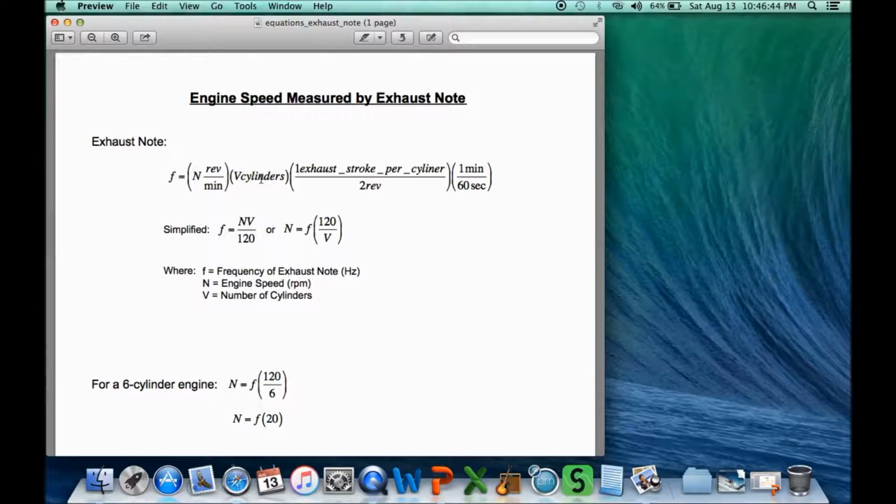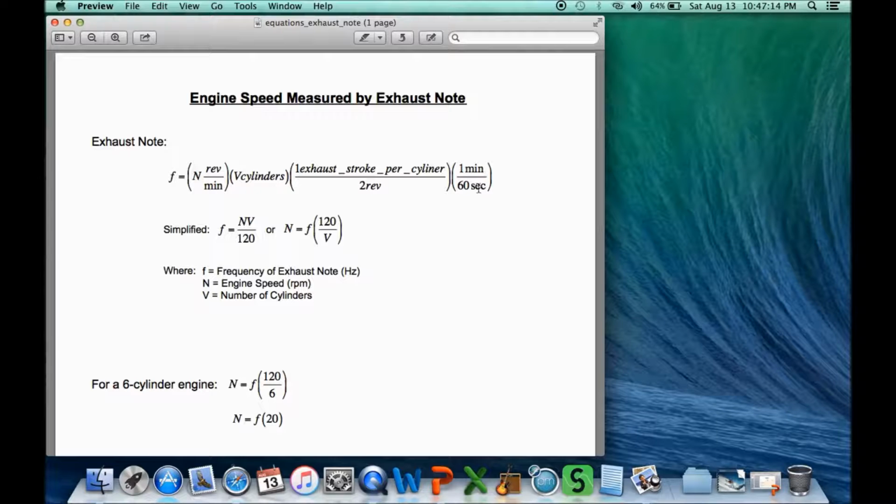Now for a typical 4-cycle engine, we have to remember that the exhaust valve does not open once every revolution for a particular cylinder. It only opens every other revolution. So in this equation, I then need to multiply by 1 exhaust stroke divided by 2 revolutions. So 1 stroke for every 2 revolutions. Then I have speed here in revolutions per minute, but I want my frequency to be in hertz, which is cycles per second.